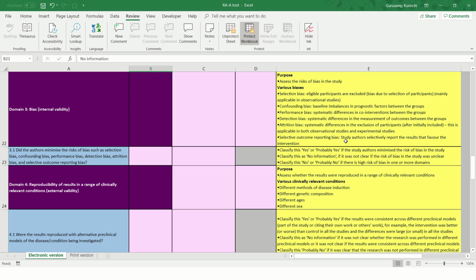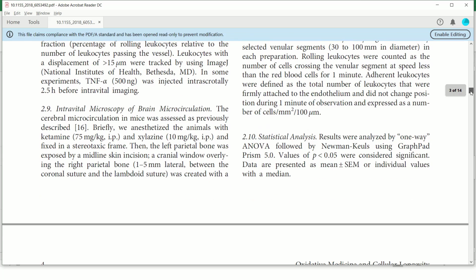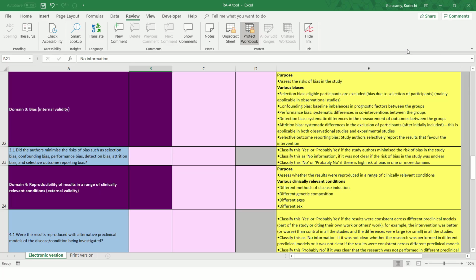And we don't know whether the study authors selectively reported the results that favor them, because they have not given us reference to the protocol or anything at all. Okay, so guess what I'm going to do here? No information.